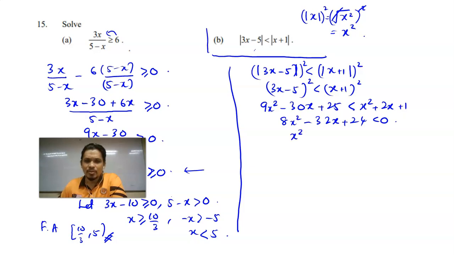Then we get x squared minus 4x plus 3 less than 0, since 8 times 4 is 32 and 8 times 3 is 24. Okay, that's it.